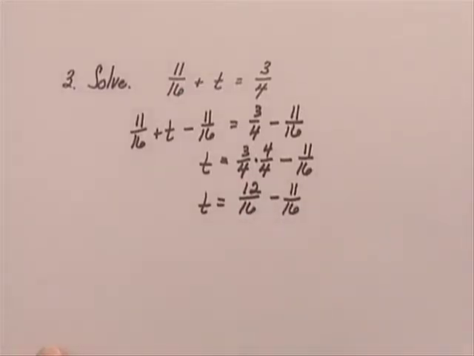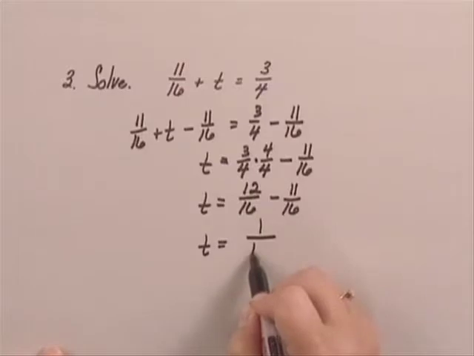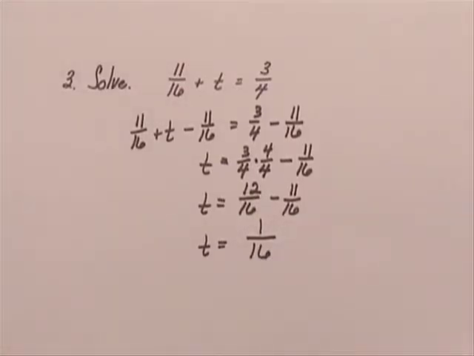We now have a common denominator, so we can subtract numerators. 12 minus 11 is 1, and we write that over the common denominator, 16. So what we're saying is that the actual plywood is 1/16 of an inch smaller than what we would expect it to be.